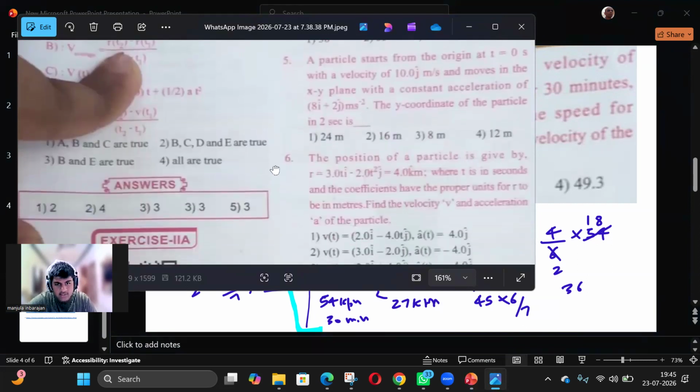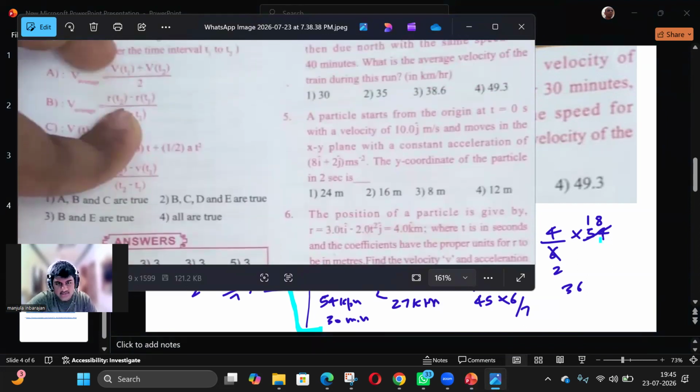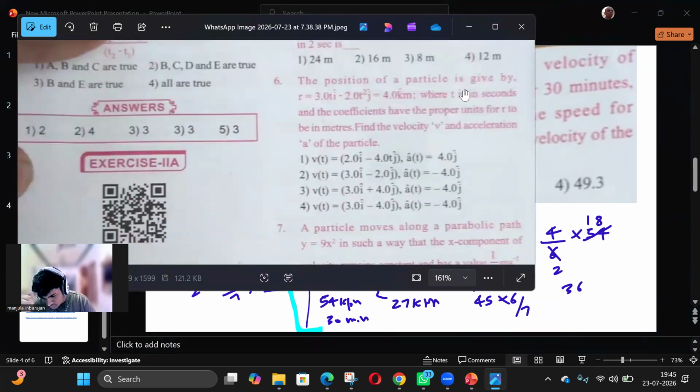Then below that, the sixth one. This is minus, I think. 3t, 2t square, and then there is some mistake. It's minus. Okay, plus.